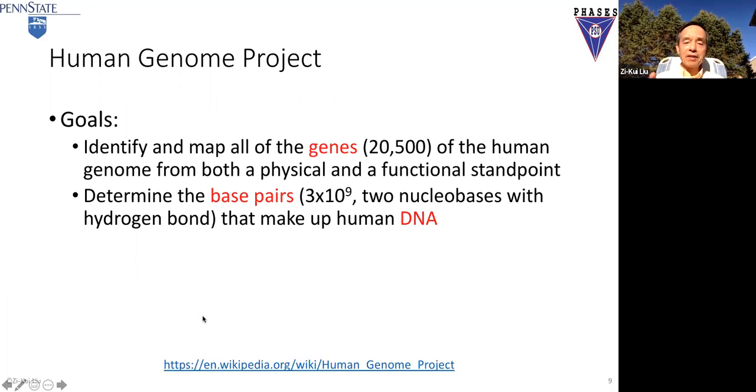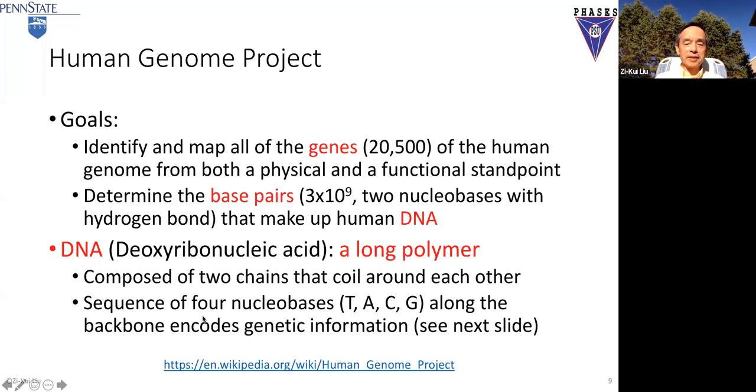However, in the genes there are a lot of details. They are called base pairs. That's 3 billion. It's 5 orders of magnitude. And what's DNA? DNA is actually a material. It's a long polymer, kind of 2 chains coiled around each other, and the chains are connected by chemical pairs.